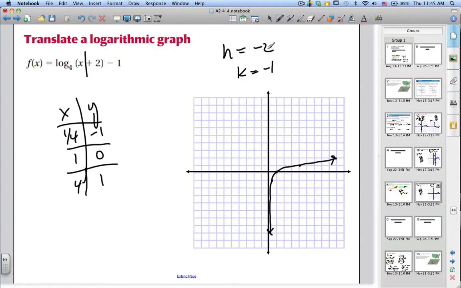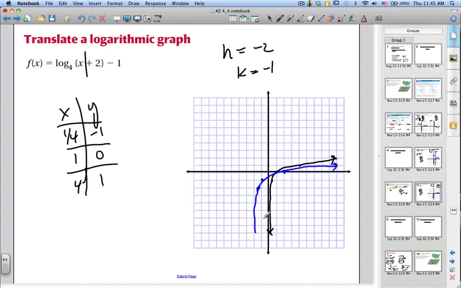And I'm going to shift it 2 to the left and down 1. So 1, 2 to the left and down 1. Sorry, let me change pen colors. 2 to the left and down 1. And then 1, 2 to the left and down 1. And 1, 2 to the left and down 1. So my asymptote is also moved. It moved 2 to the left.